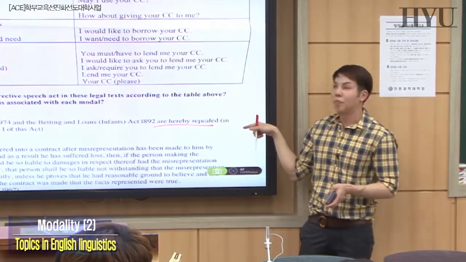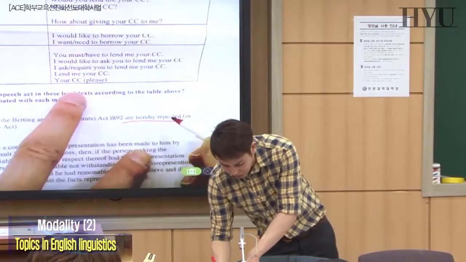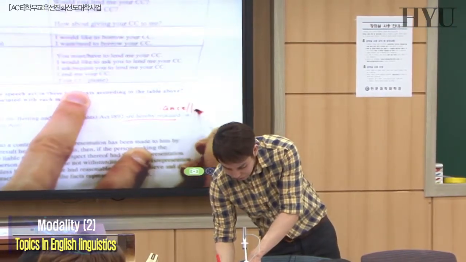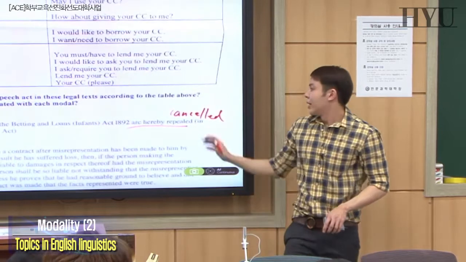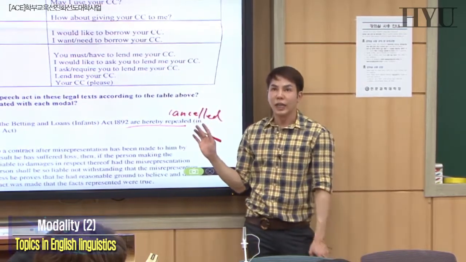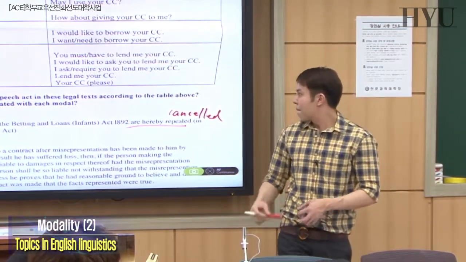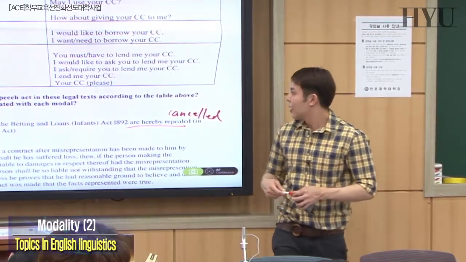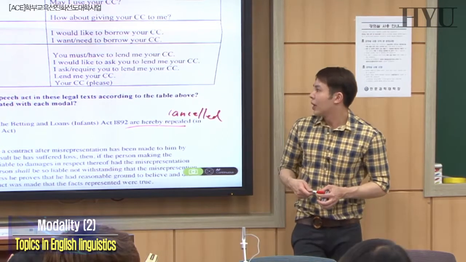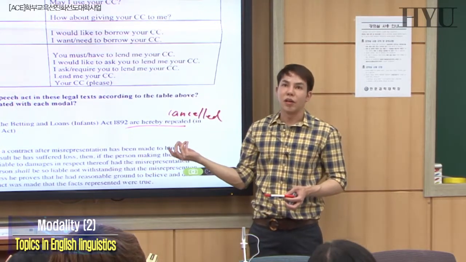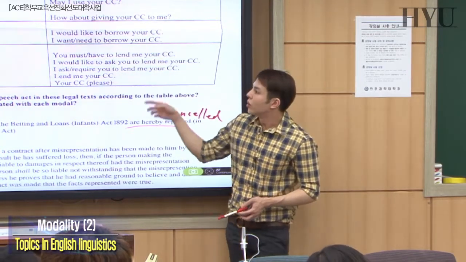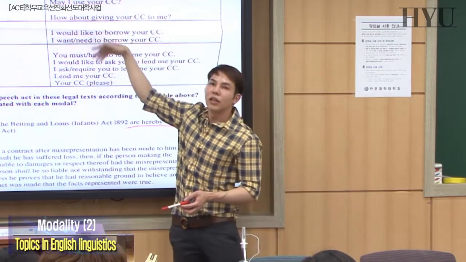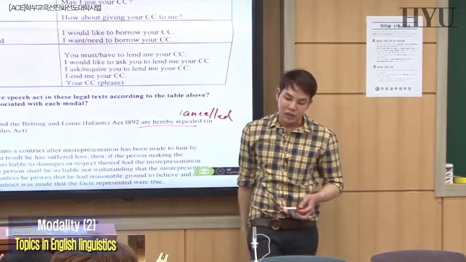Are hereby repealed. Repealed is like to cancel. Okay? In this case, there's no modality, and it's issued as a statement of fact, right? So the writer doesn't use any of these strategies that we study.